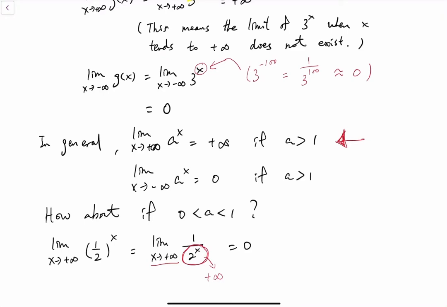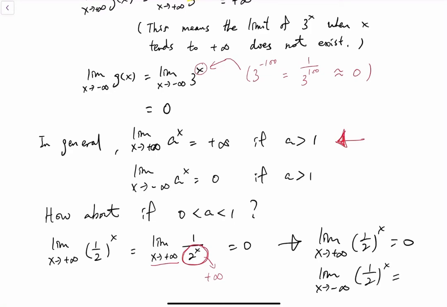So you can simply write the limit as x tends to positive infinity becomes 0. Then similarly, if you get negative infinity, you should be able to work out this is positive infinity this time.